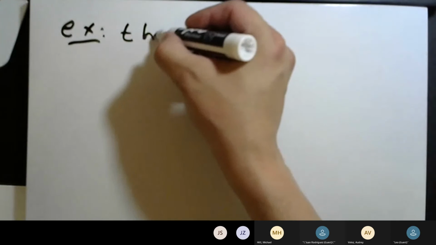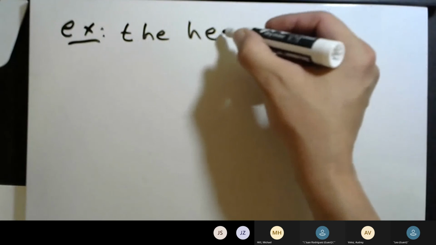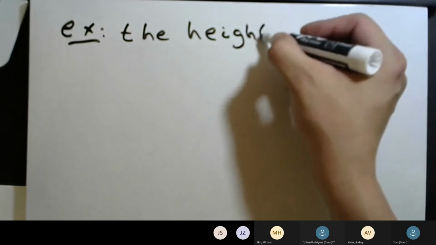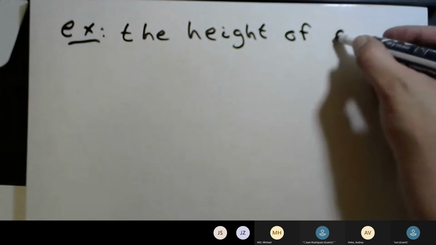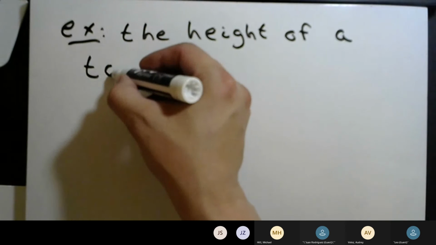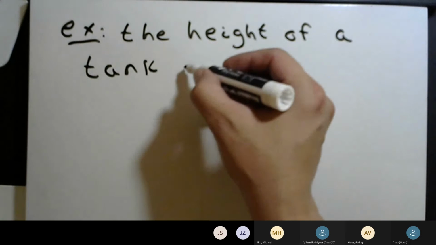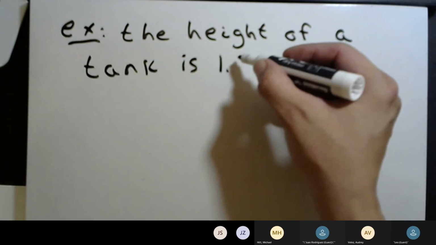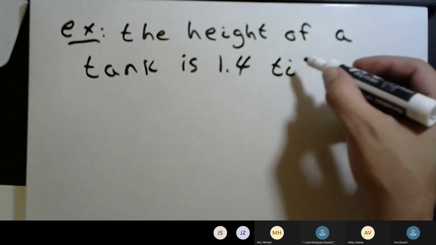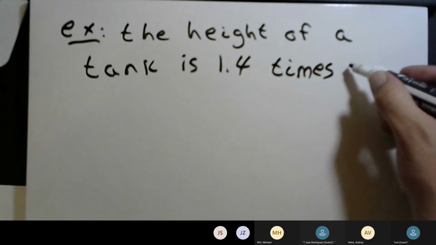The height of a tank is 1.4 times the width.